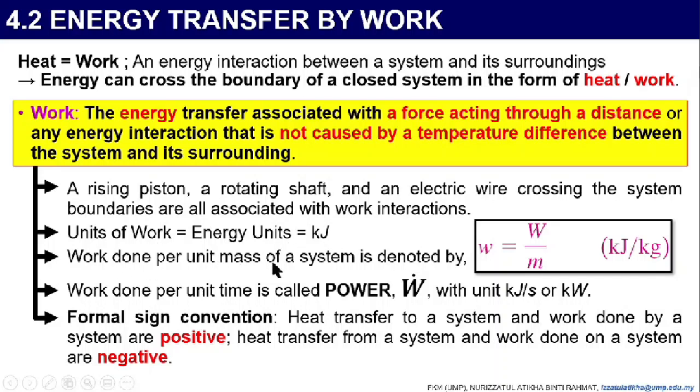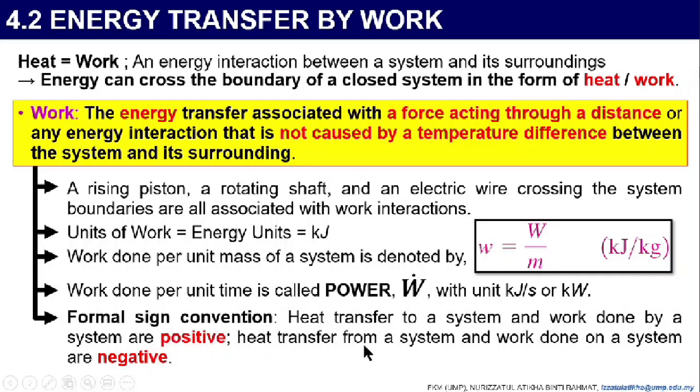Work done per unit mass of a system is denoted by small w equal to large W over m, in kilojoule per kilogram. Work done per unit time is called power, W dot, with unit kilojoule per second or kilowatt. Formal sign convention: heat transfer to a system and work done by a system are positive.